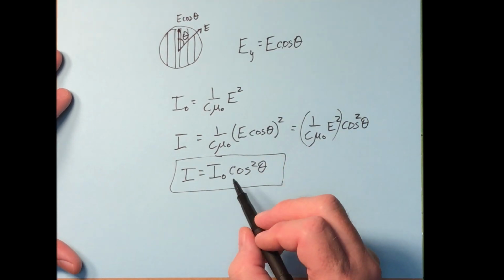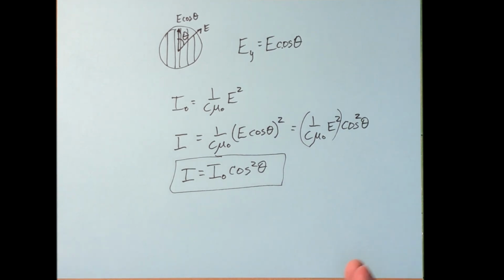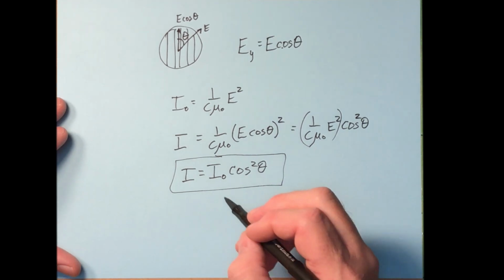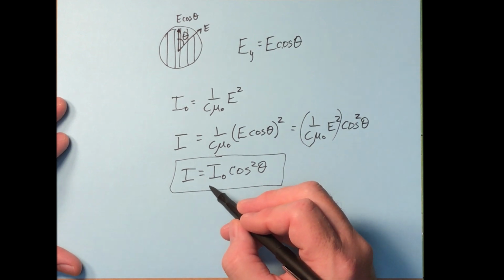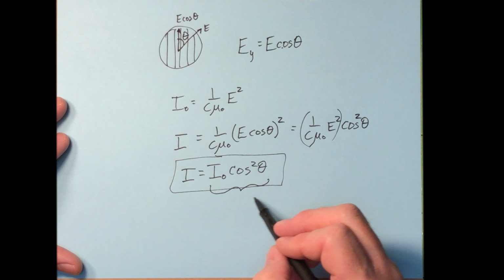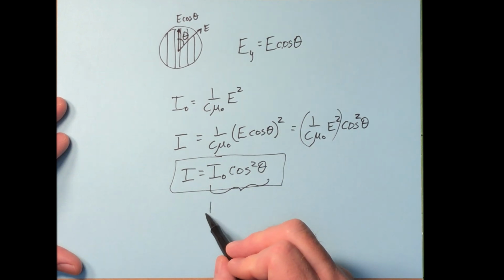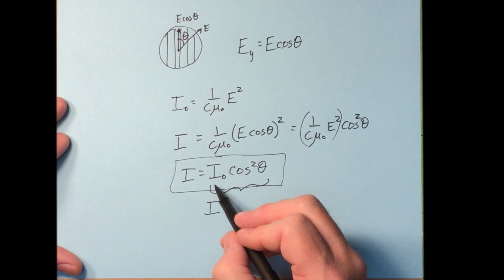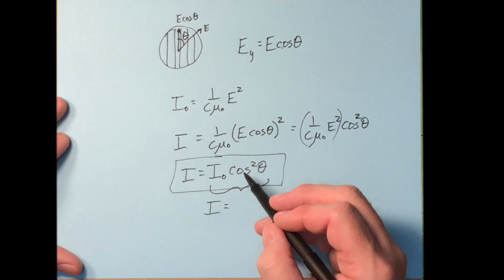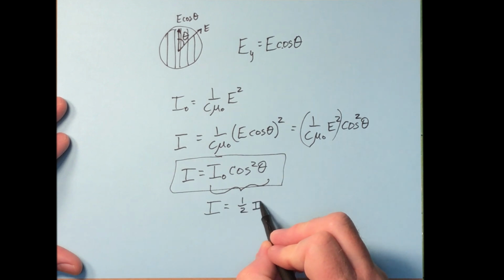If we assume that the incident light is random E vectors in every direction, then what happens is this whole thing right here, you average over all possible values of theta, and it turns out that the intensity that passes through, assuming the incident is randomly distributed E vectors, is going to be 1/2 of what it was initially.